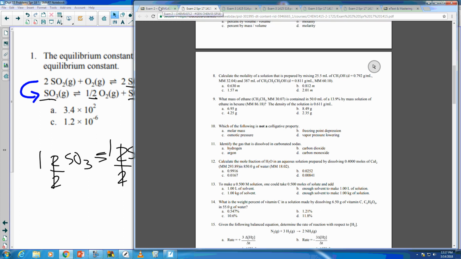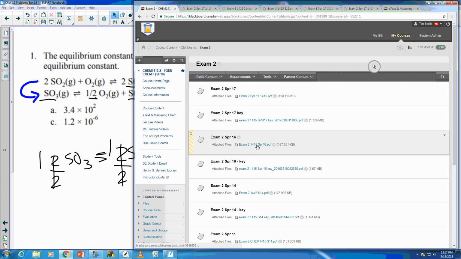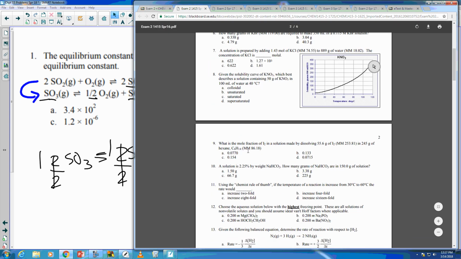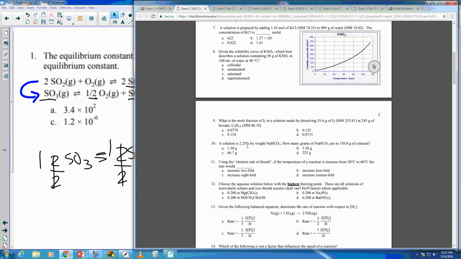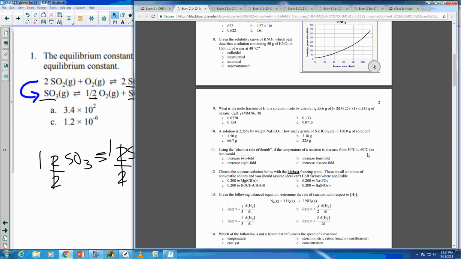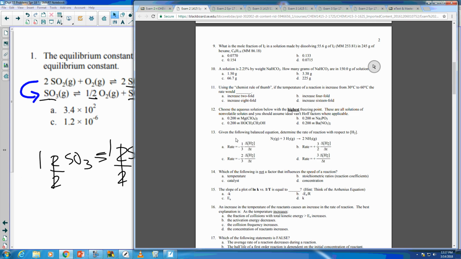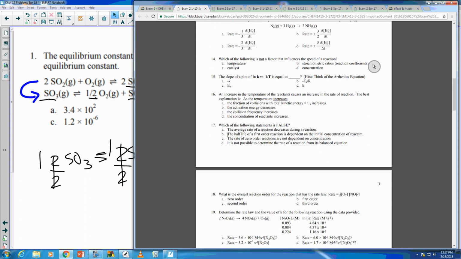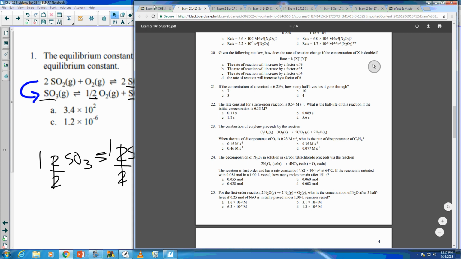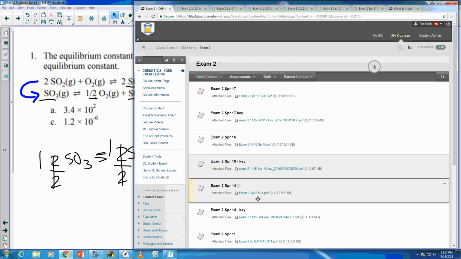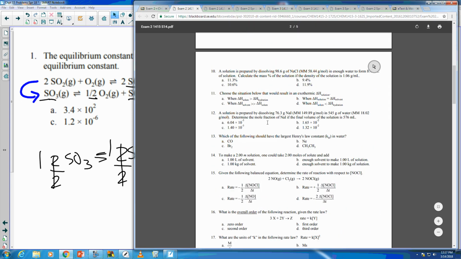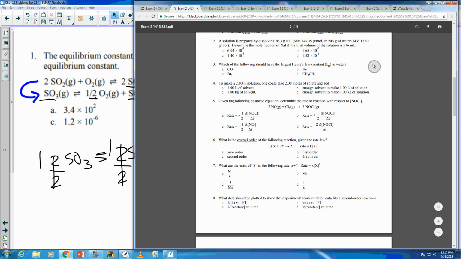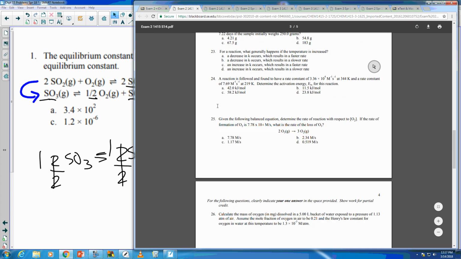So that's spring 17. Spring 16, exam 2, 13 through 25. And then spring 14, exam 2, it is 15 through 25.